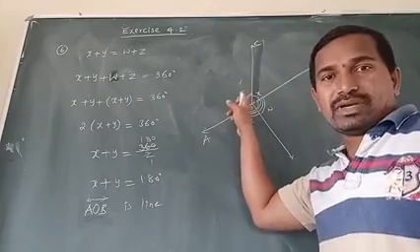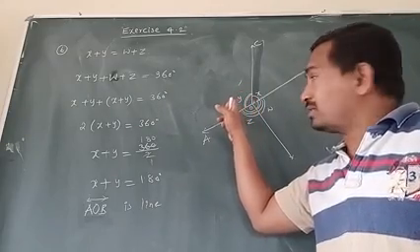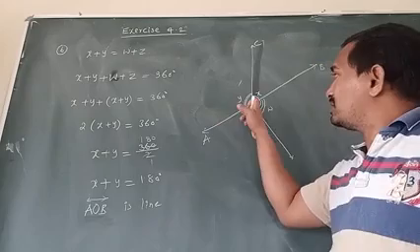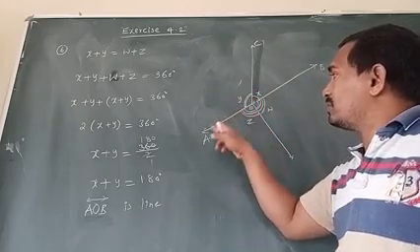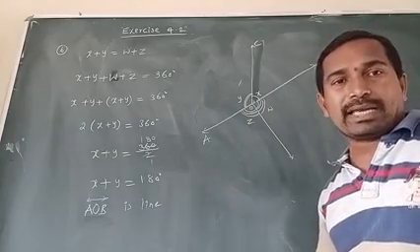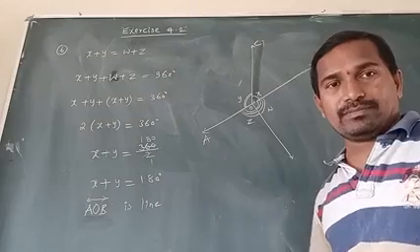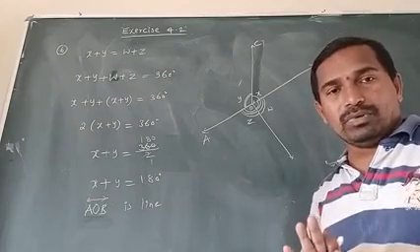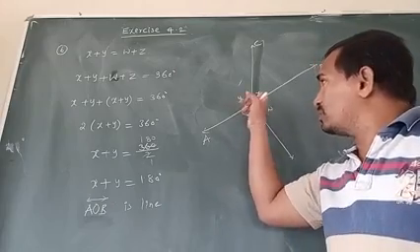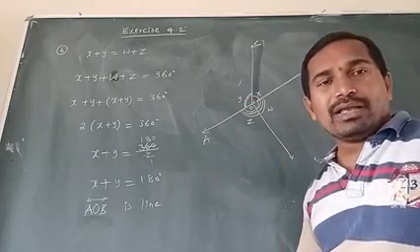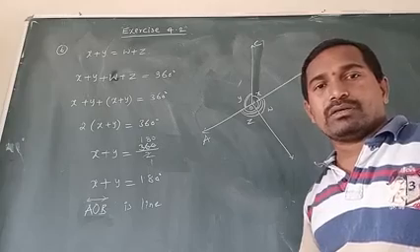If x plus y is equal to 180, then this is a straight angle. This is the linear pair. So AOB is a straight angle, a straight line. So to prove AOB is a straight line, we prove that x, y are a linear pair.